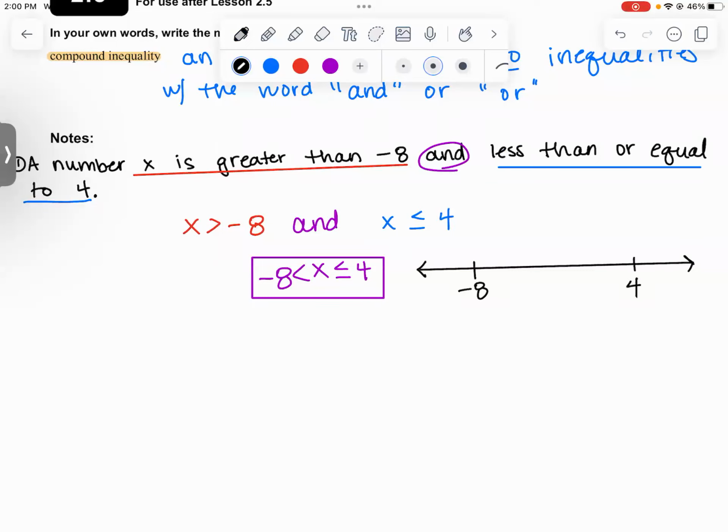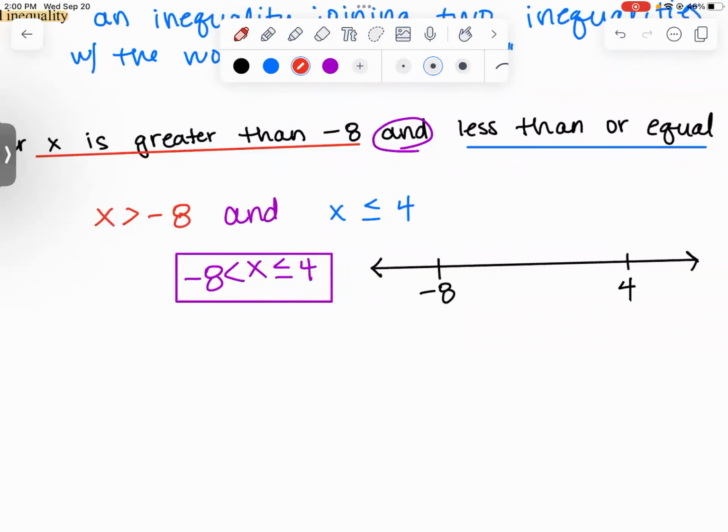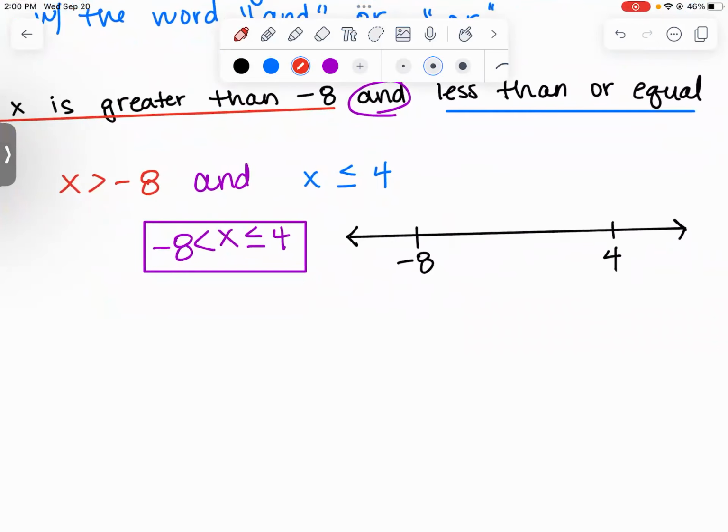Okay. Now I want to show you something about when we graph these. Okay. Please do not graph this with me yet. If I graph x is greater than -8, we would have this. If I graph x is less than or equal to 4, I would have this.